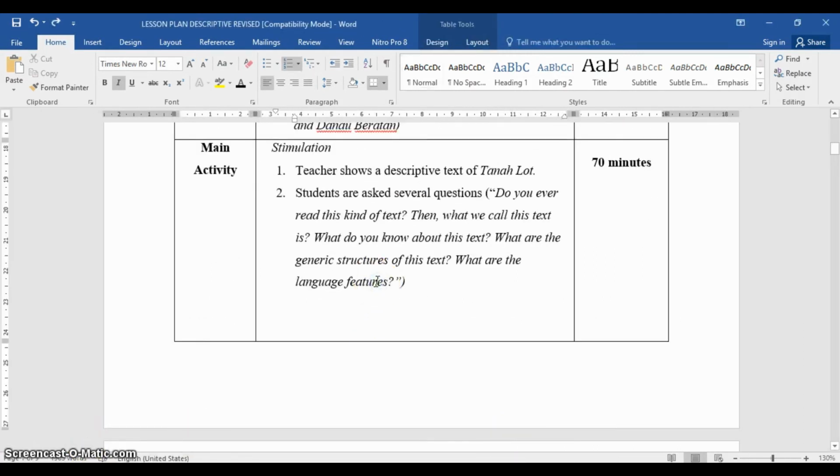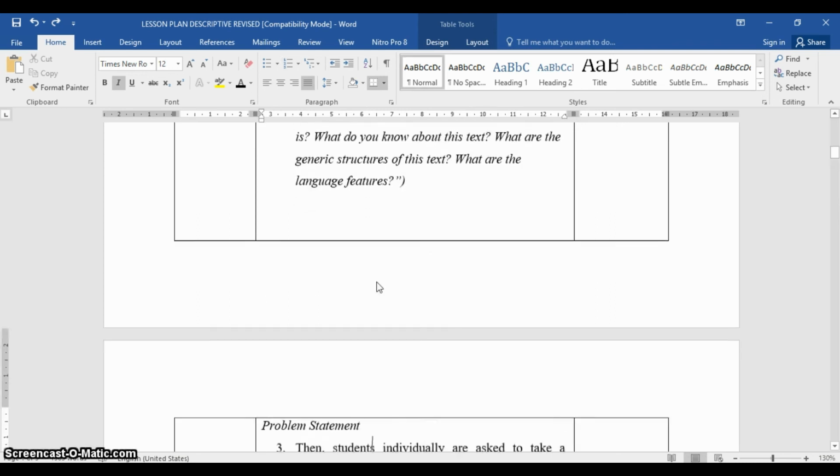After that, the students are asked several questions. The questions are, do you ever read this kind of text? What do we call this text? What do you know about this text? What are the generic structures and the language features of the text?